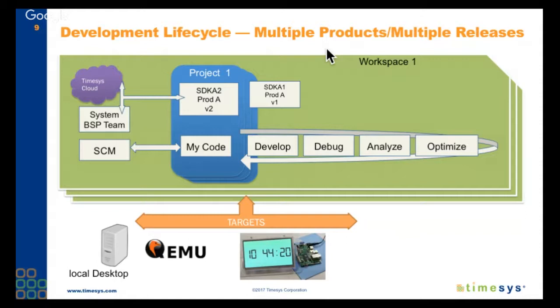Because a software development kit contains the toolchain which produces executables for a specific target architecture. So if, let's say, the SDK A2 was for an IMX6 processor, we need another SDK with a toolchain that's capable of cross-compiling my project for a local desktop, which is x86, for example.